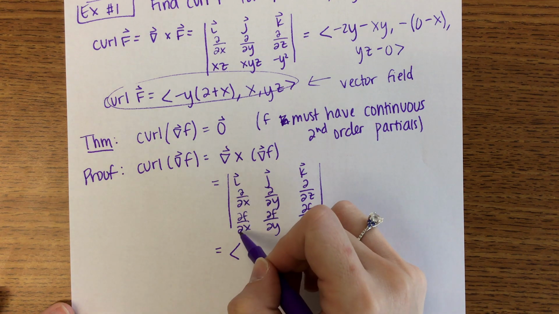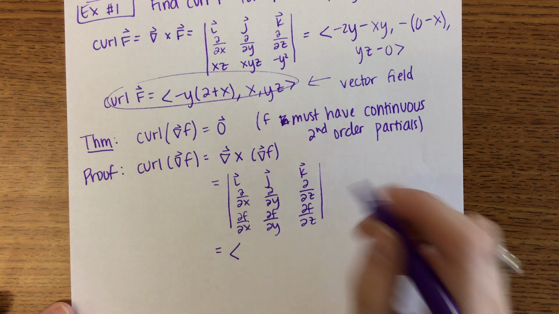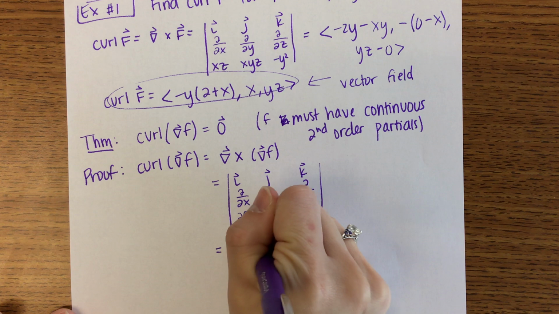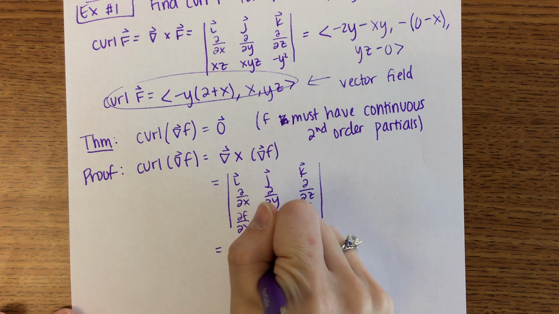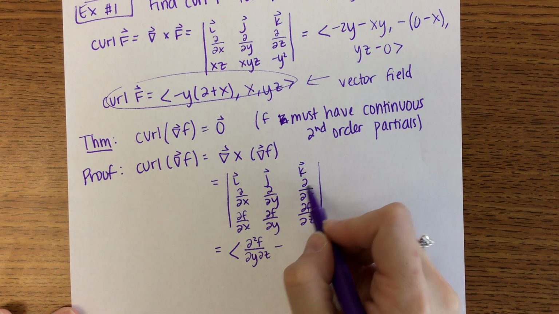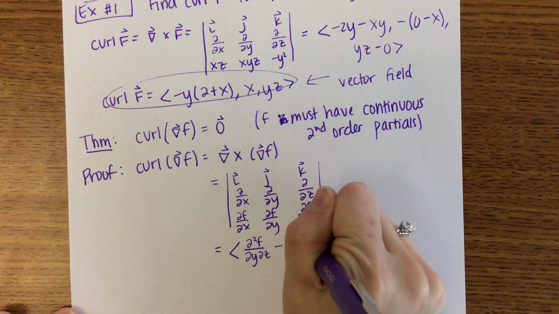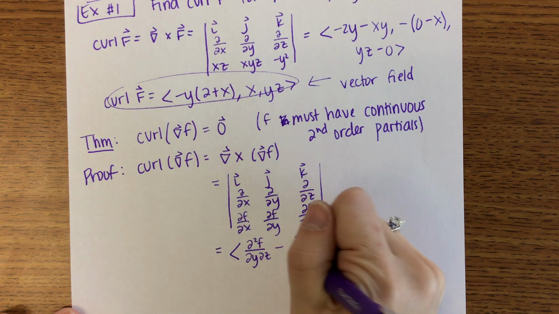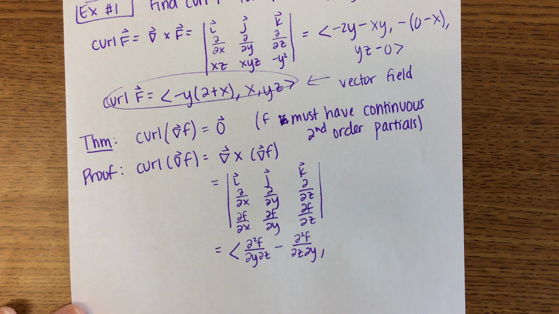Ignoring column and row, we get the partial with respect to y of this function. That will be the second partial of f, partial y, partial z. Minus, going this direction, the second partial of f, and this time it's partial z, partial y. The middle sign has to be flipped.